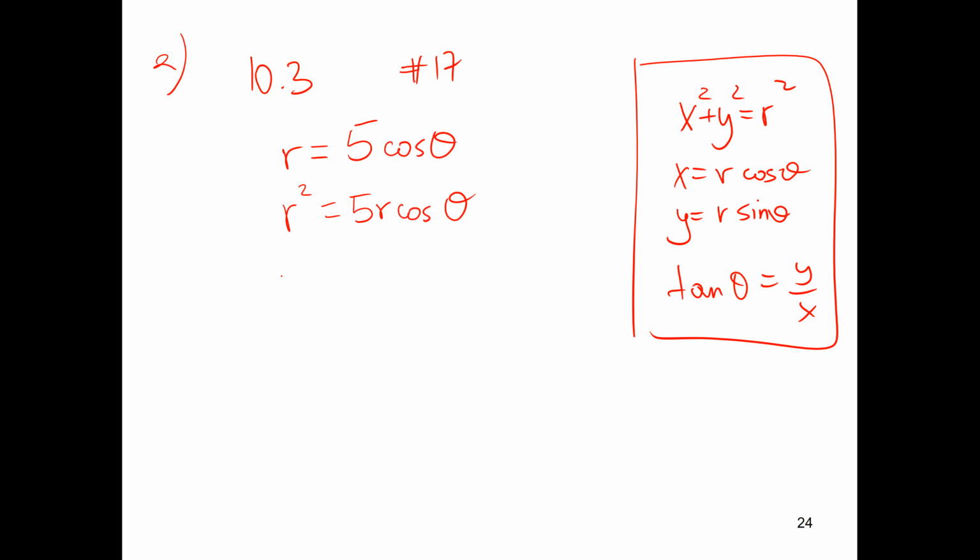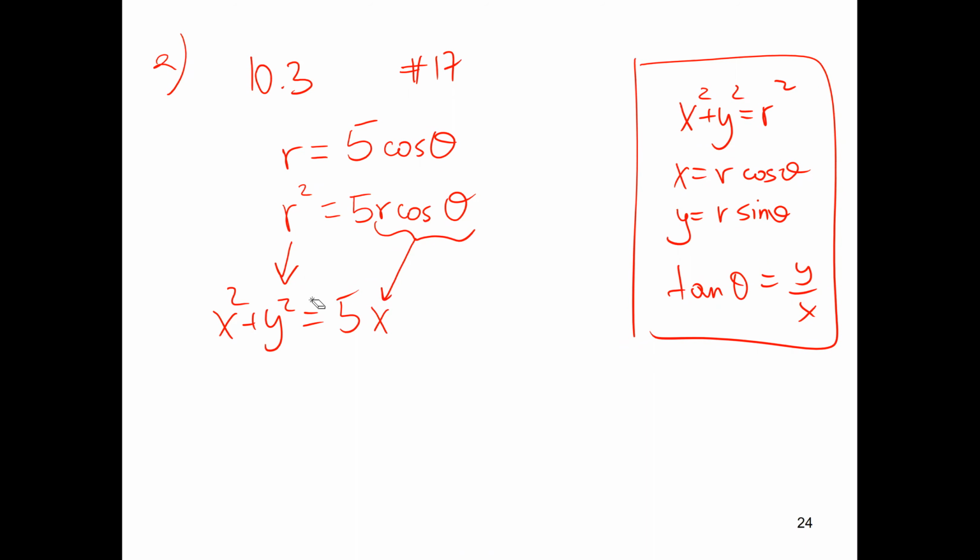Now r squared is just x squared plus y squared. And r times cosine is just x. How easy it was. Without looking at these equations, I would probably have to think longer. It's so easy to put them down.